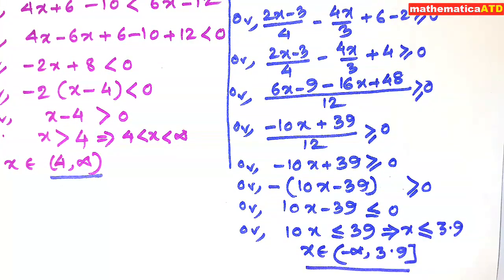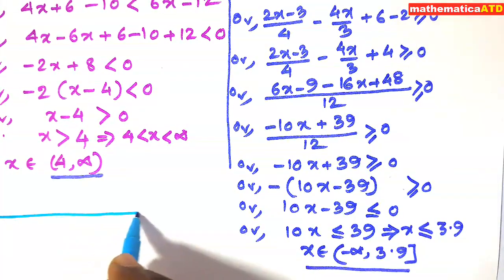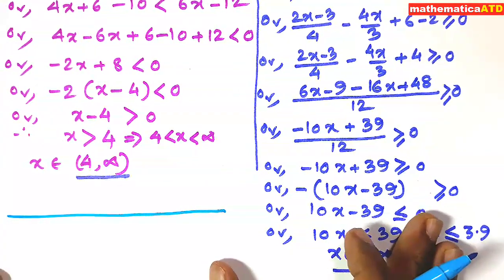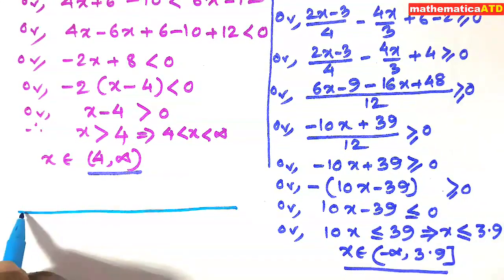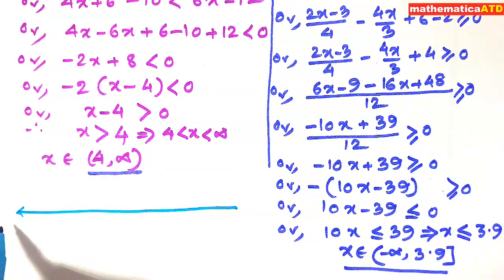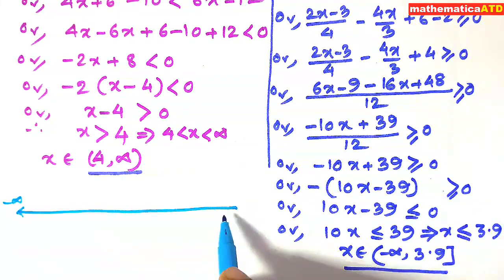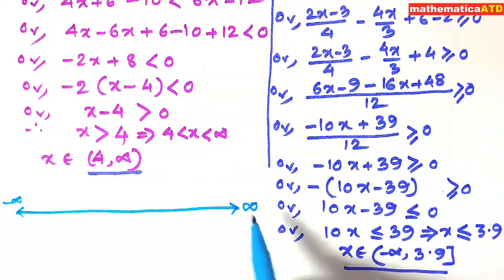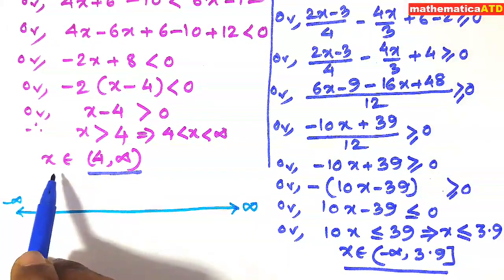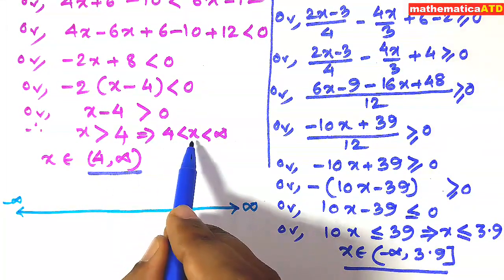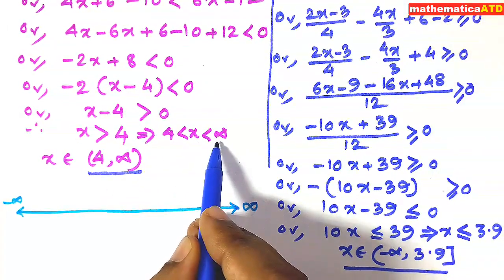We shall plot both of them on the real line. Say this one is the real line, and the left side is for negative infinity and the right side is for positive infinity. Okay, so friends, from the first solution we find that 4 less than x less than positive infinity.